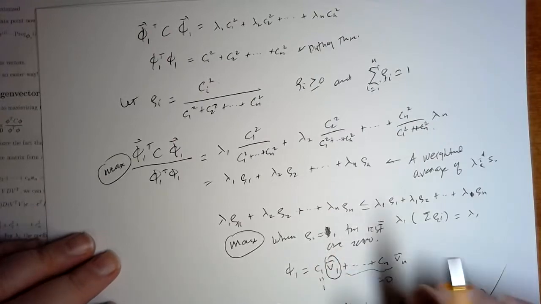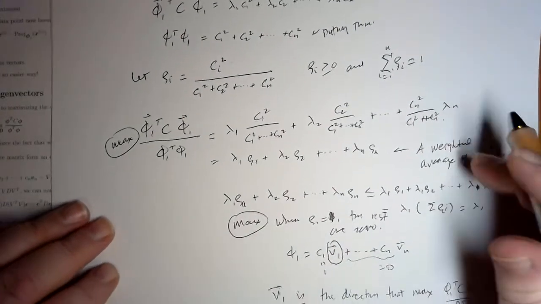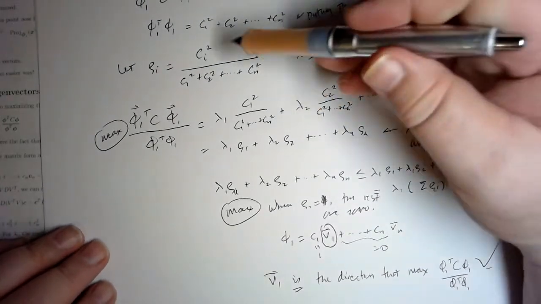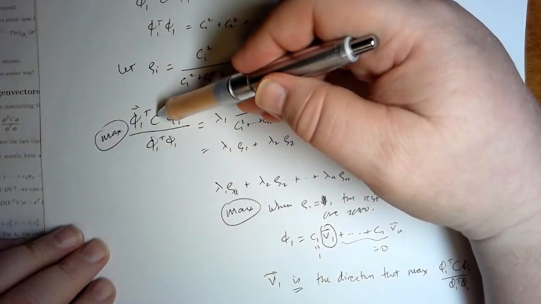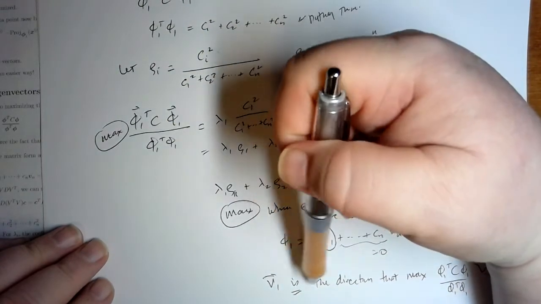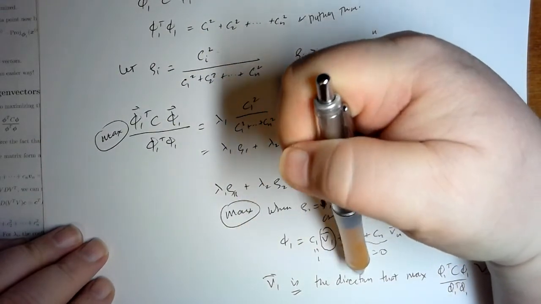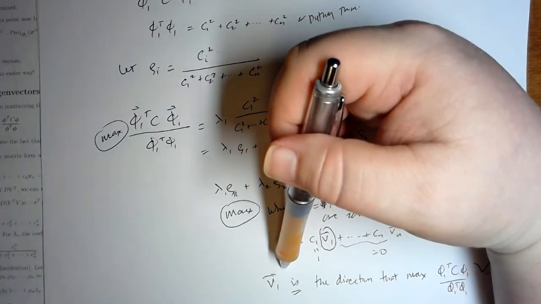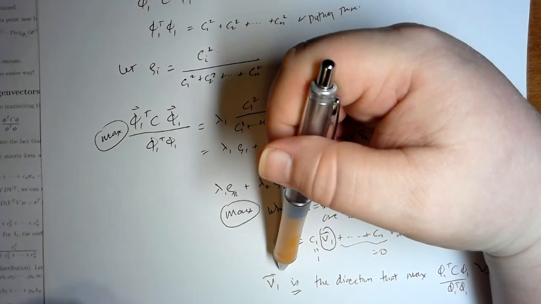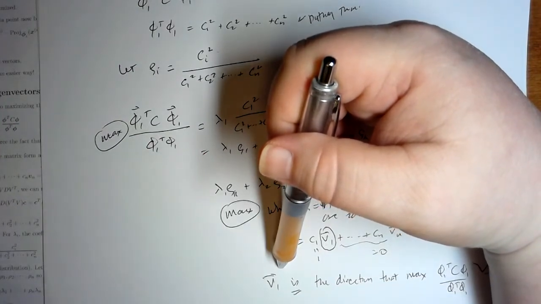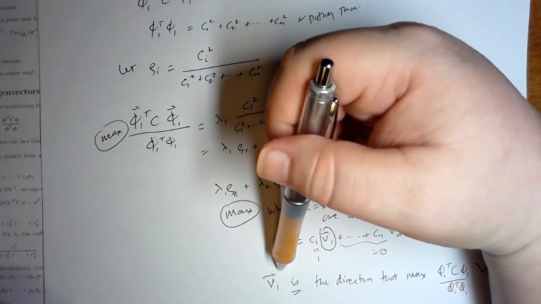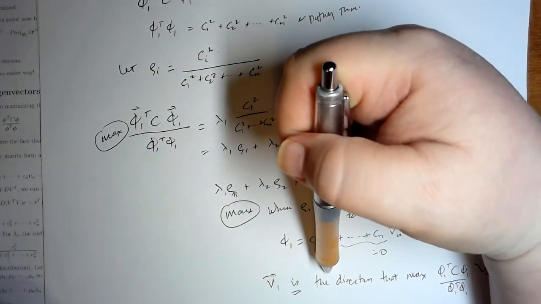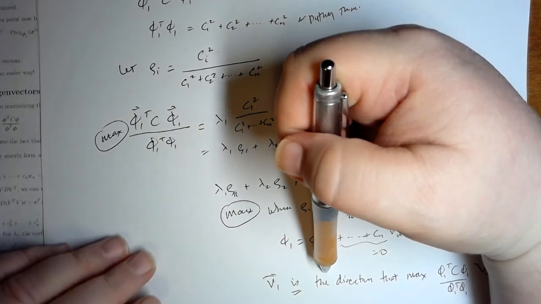Now, how do you get the rest of the basis vectors? Well, we already know that because C is symmetric, we can use the spectral theorem to say that the eigenvectors form an orthonormal basis. And so you can show that if you project out V1 from the data, so that all the data has a 0 component in the direction V1, and you just look at the remainder and find the next best basis vector, you'll find that it is V2.